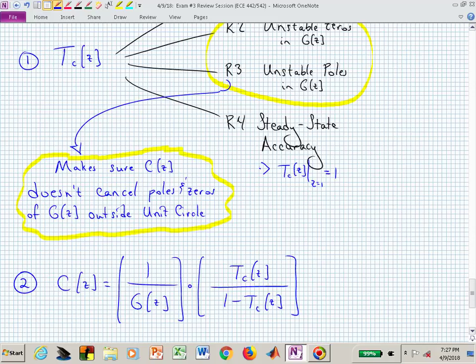T sub C, having a numerator factor with unstable zeros in it, are going to cancel the G of Z unstable zero factor so that they don't appear in C of Z. The unstable poles of G of Z are going to be canceled by the 1 minus T sub C of Z's that evaluate to 0 at those unstable locations. That's what's guaranteeing C of Z does not possess those factors.